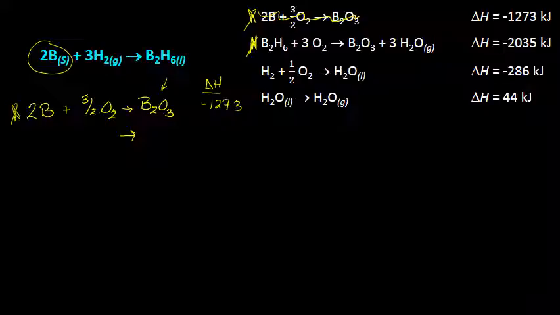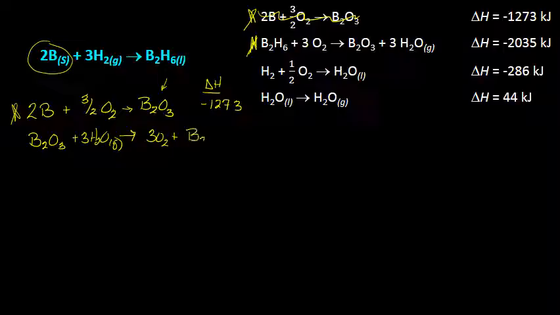So we have B2O3 plus 3 waters, and this one has gaseous water, yields 3O2 plus B2H6. And because I flipped the equation, then I also need to flip that value. So 2035.